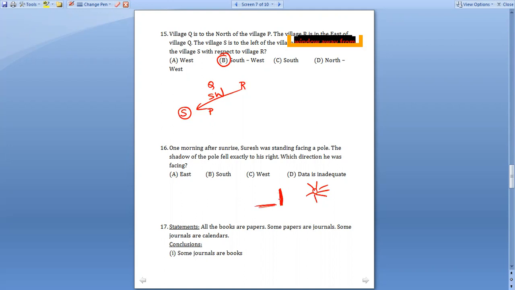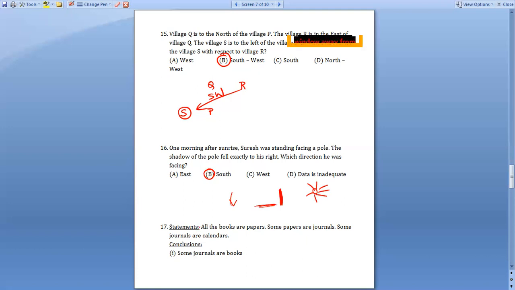So that means Suresh must be standing behind this pole, facing this pole. So this is absolutely the basic concept of the shadow. Okay, so Suresh is standing behind this pole, facing towards the pole means he is facing towards south, right? So it is option B. Next, question number 17.